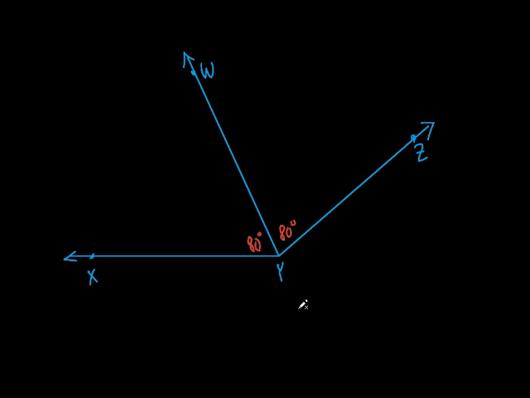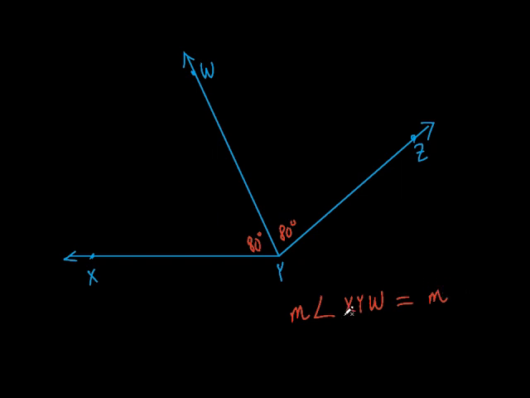A lot of times in the book, you'll see it like this. They'll write a little m in front of it and they'll say the measure, that's what the little m is, the measure of angle XYW is equal, or a lot of times they'll say congruent to. Actually, when they say measure, they say equal. If they don't put the measure, they'll put the word congruent. To tell you the truth, it doesn't really matter to me.